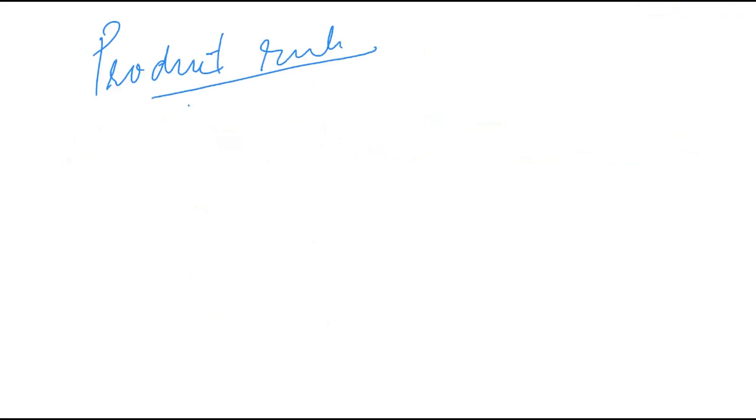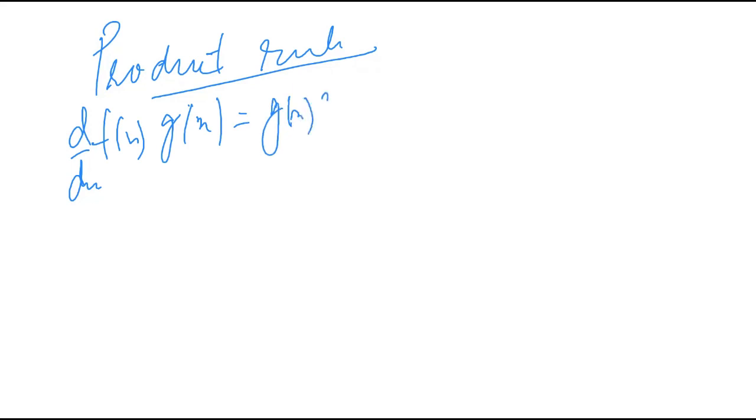The product rule says that if you are having two functions, where the first is fx and the other one is gx, then the formula for this is, first you have to put gx as it is, and you have to differentiate the first part, which is fx.